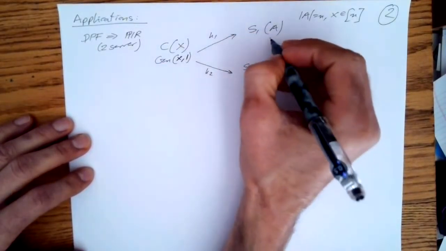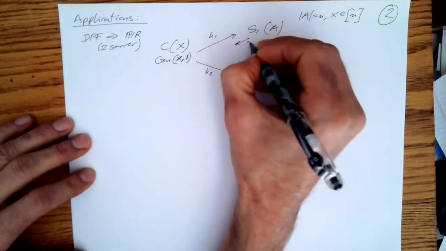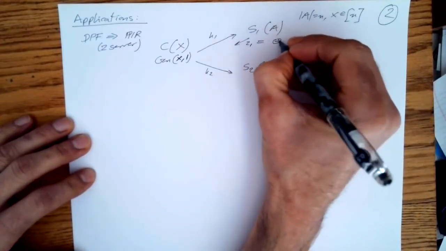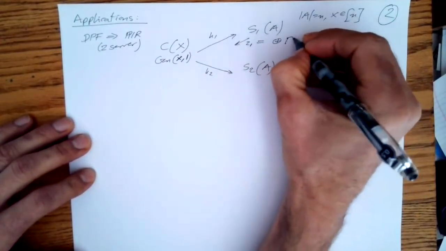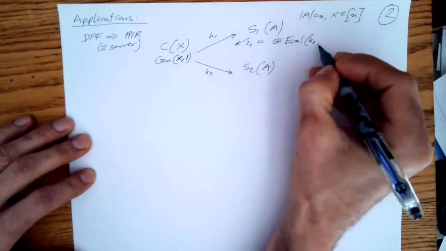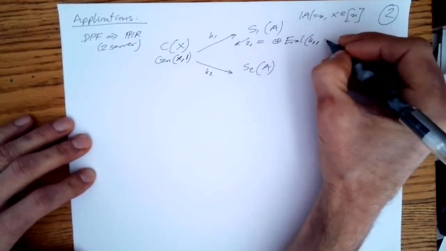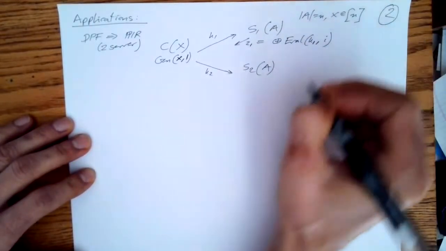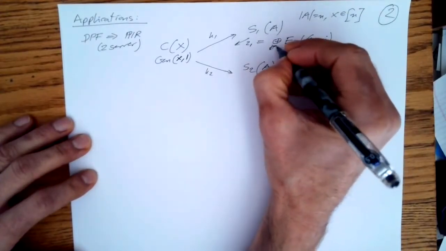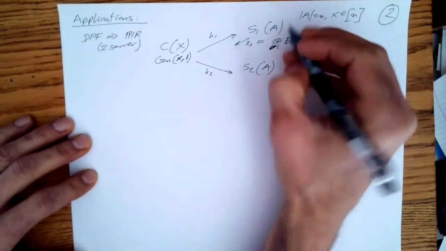And what these servers will do is send responses computed like this. S1 evaluates this function using key K1 at every point from 1 to n.